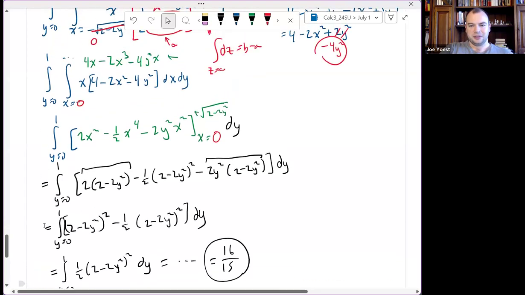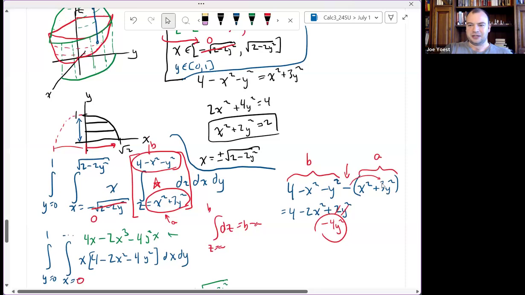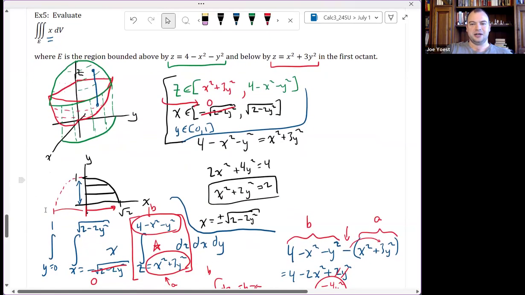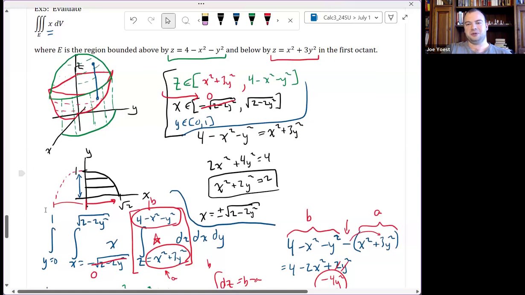So thank you for correcting my 3y² mishap there, and just make sure to note that x starts at 0, not at minus √(2 minus 2y²). So I was focusing a little bit too much on the algebra here and not on the geometry.